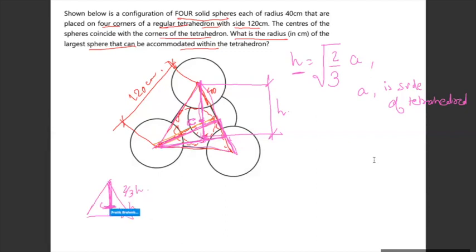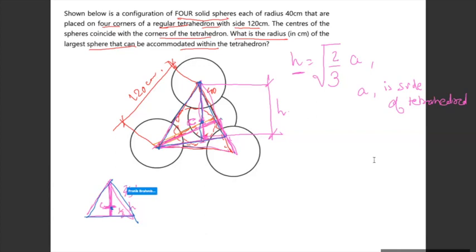Now, let me draw the triangle. If I'm taking this triangle with the median and the centroid, where one is a vertex and another is the center of an edge, the centroid will divide it into 2/3 and 1/3.